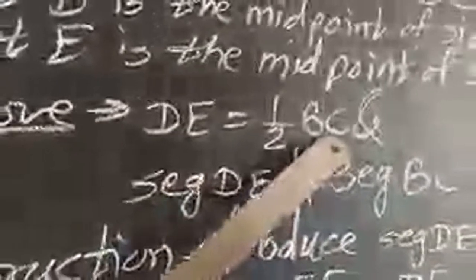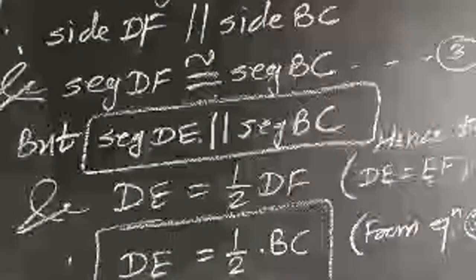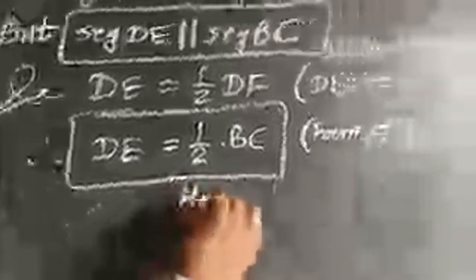Is it correct? Yes, this is one part, and DE is parallel to BC. Already we proved DE is parallel to BC and DE is half of BC. In this way we can prove both parts. Hence the proof.